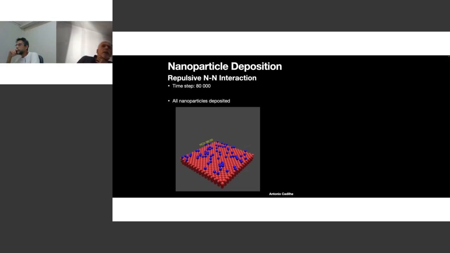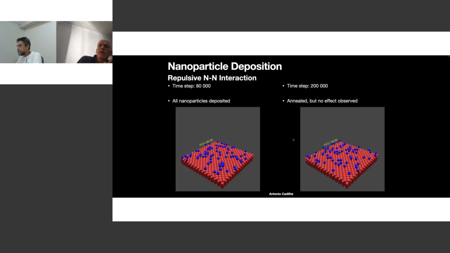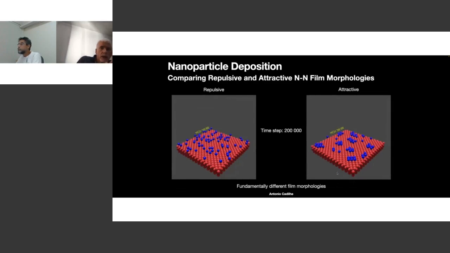So we start, and after even 80,000 time steps, they are homogeneously distributed, with some fluctuation, on the substrate. And after 2000 more time steps, basically nothing changed. It's a fairly simple case, but a relevant one.